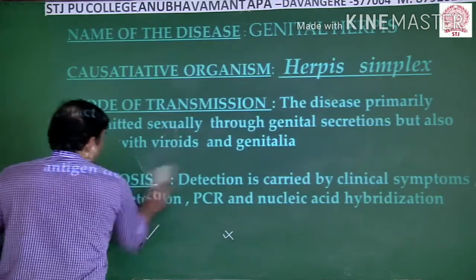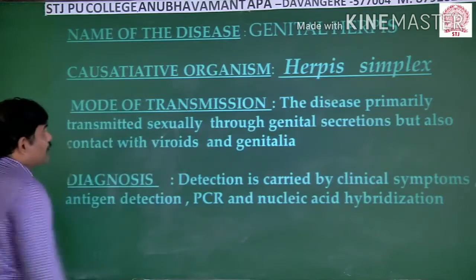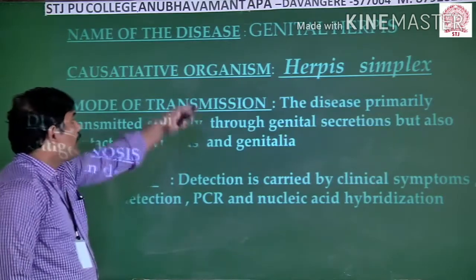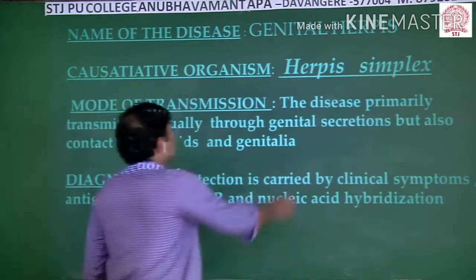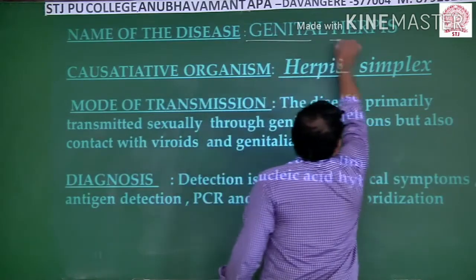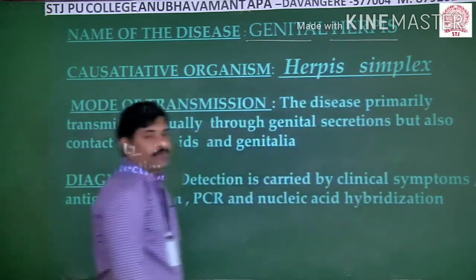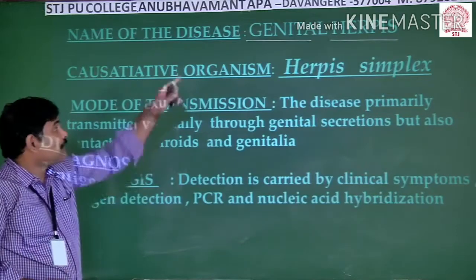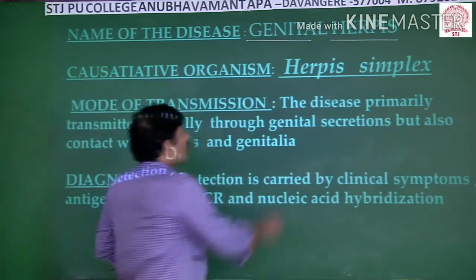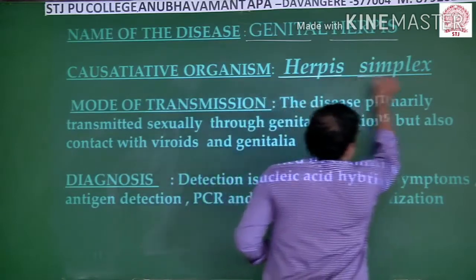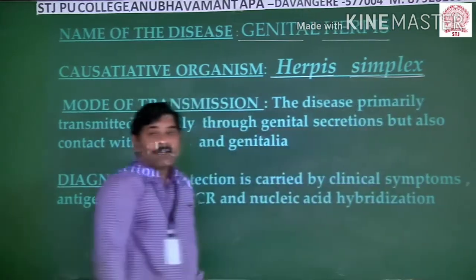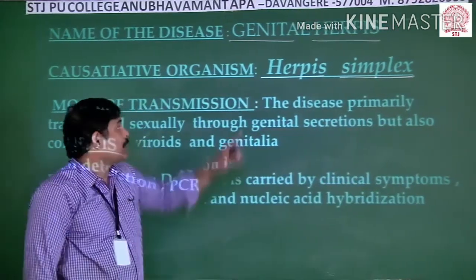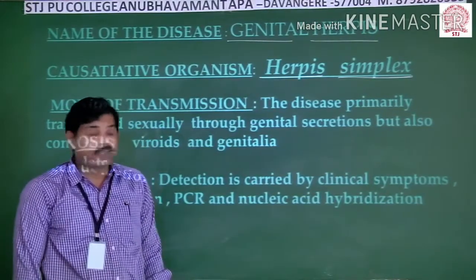This is one disease caused by a virus, and the name of the disease, as I said, is genital herpes. The causative organism or pathogen which causes this disease is the herpes simplex virus, which causes genital herpes in us.